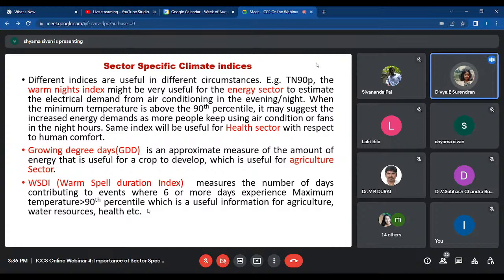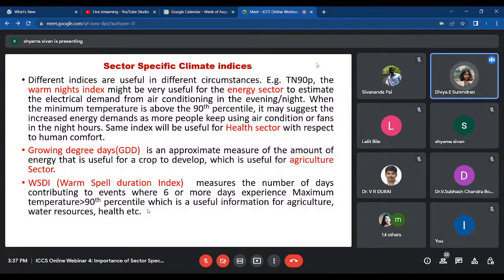Here are the sector specific climate indices. As I have already told, different indices are already created, so the application of any index will differ from one sector to another. Suppose I take the warm night index, where the minimum temperatures are higher.